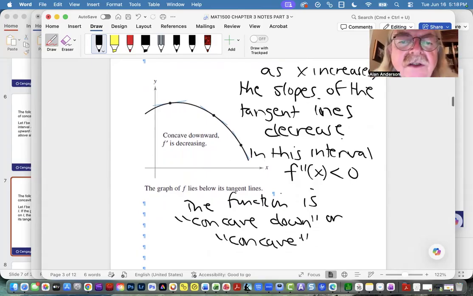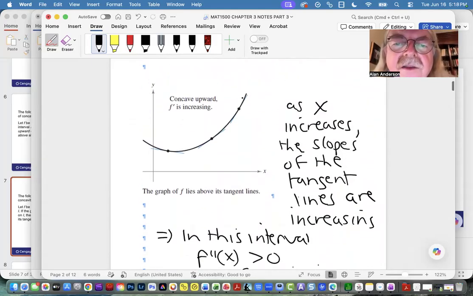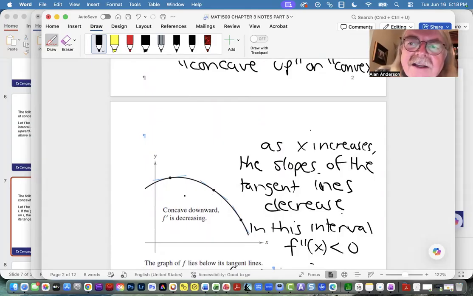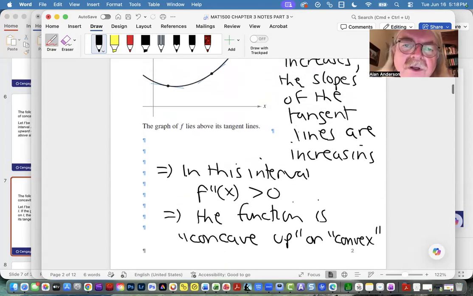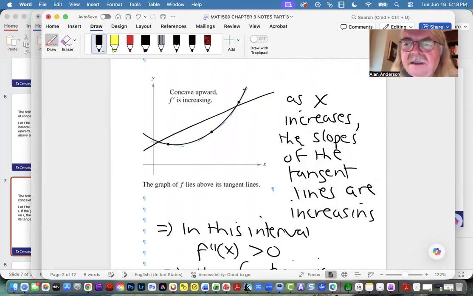And one more thing, they want us to notice that in terms of geometry, up here, it's like the function is actually sitting on these tangent lines. They're underneath it basically. Whereas down here, it's the other way around. The function is essentially hanging from them, and so the tangent lines are all on top of the curve. And so in terms of geometry, if you were to connect any two of these points, the curve is always below that line.